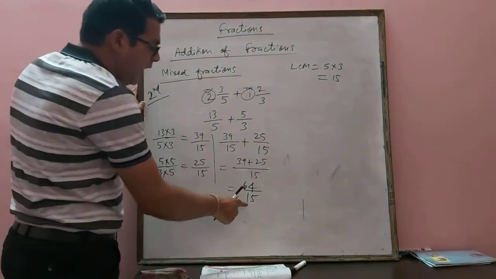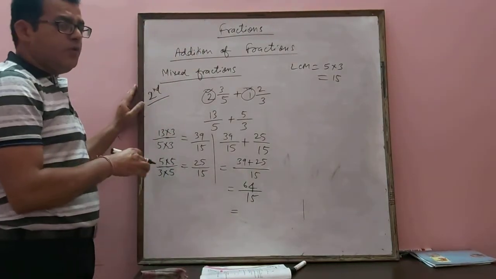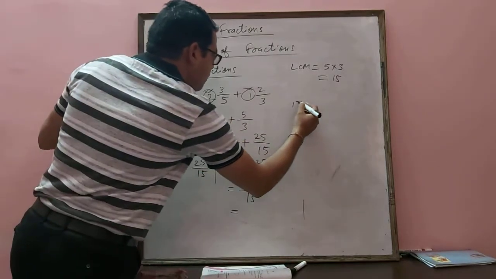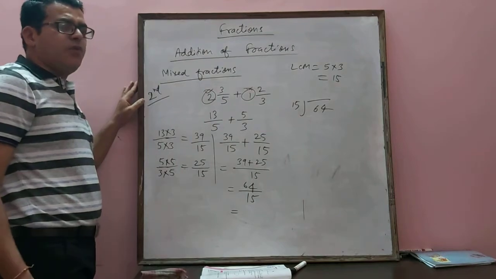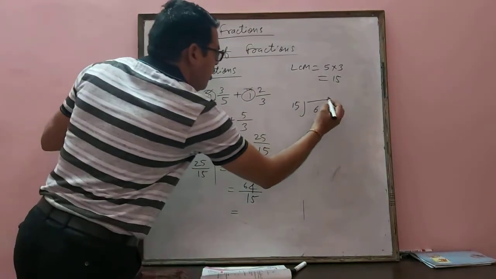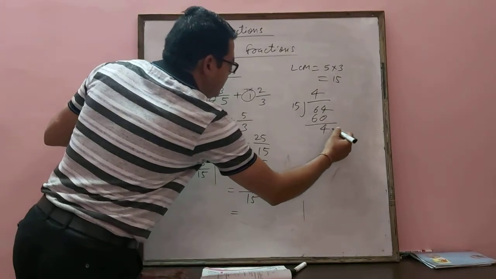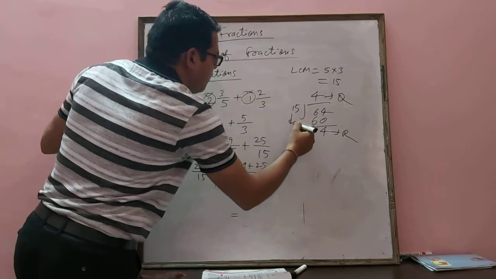Now see, this is improper and I already told you we should convert improper into mixed. How can we convert it? By dividing 64 by 15. How many times? 15 times 4 is just 60. This 4 is the remainder, this 4 is the quotient, this 4 is the divisor.